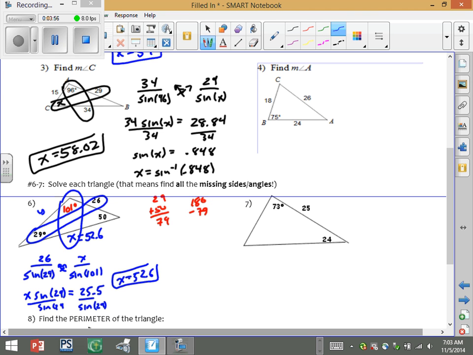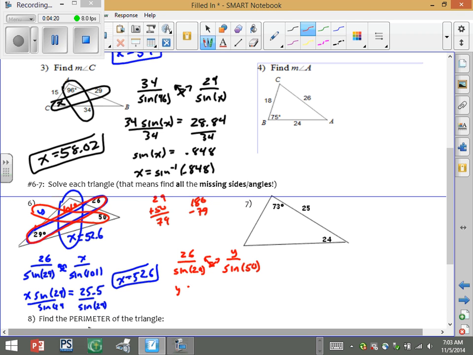Then to solve for y, I'm going to use that same setup that I had before. I'll use the 29 and the 26. So again, we've got 26 over the sine of 29 equals y over the sine of 50. Now it's again cross multiply and solve.